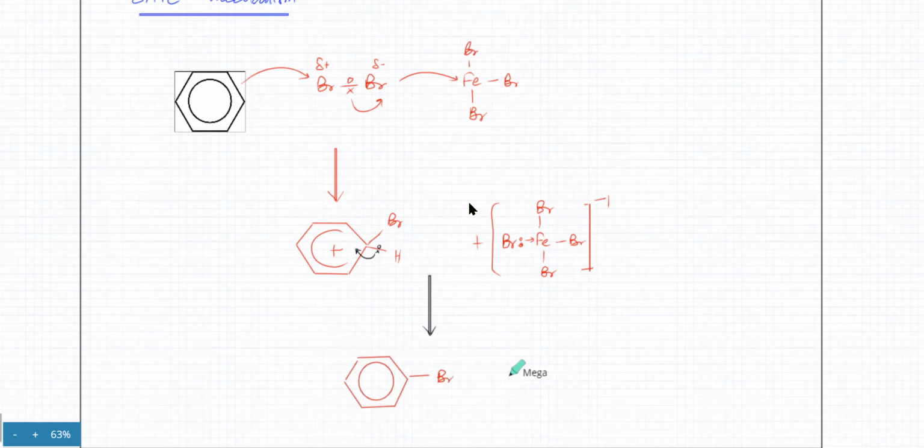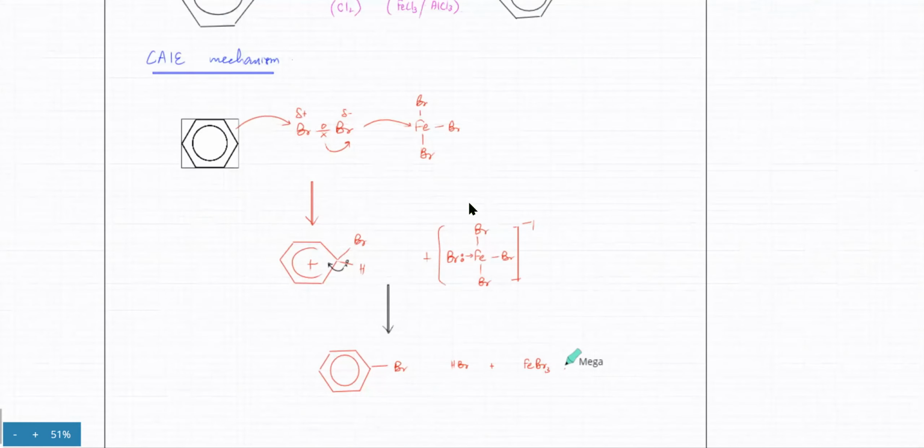As this is formed, the H would go to form HBr, and simultaneously you will have an FeBr3 molecule that would be present. Okay, so this is the mechanism that you have to write in your exam.